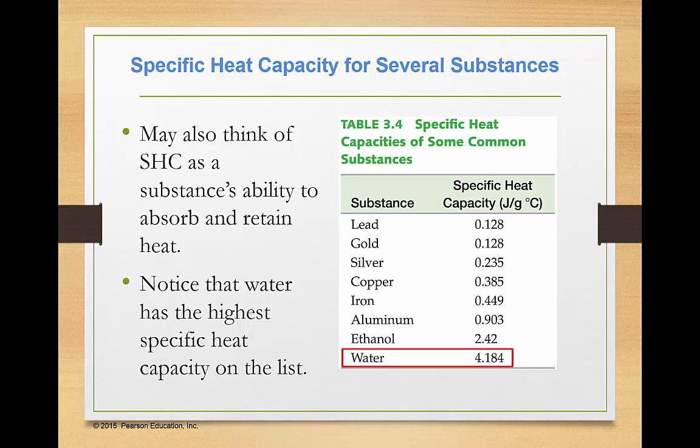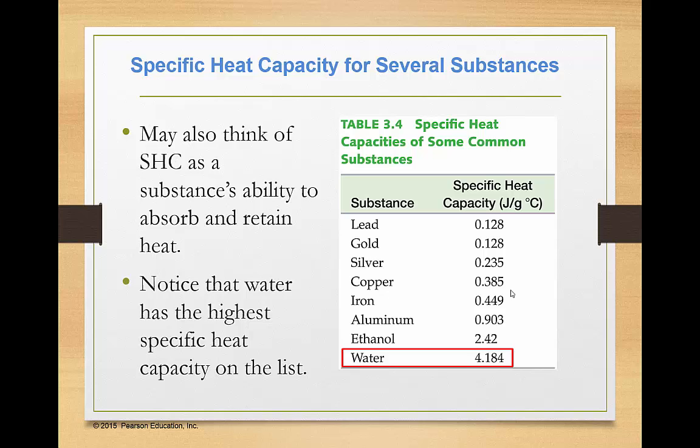Now, if you look at the next three, we've got copper, iron, and aluminum. Now, these are all three commonly found in cookware, and they are found in different pieces of cookware for different reasons. So copper is prized for its ability to quickly heat up and to quickly distribute heat throughout a pot. So you'll very often see copper-clad pots.